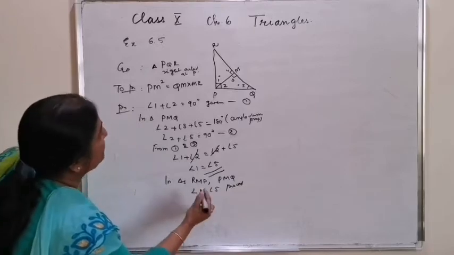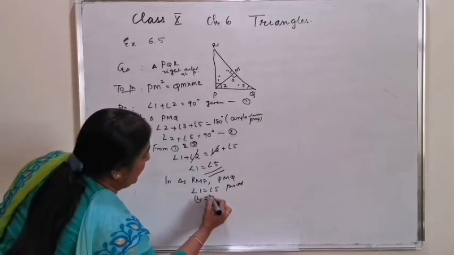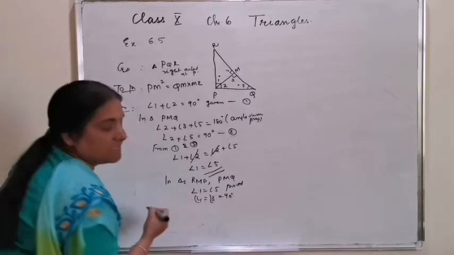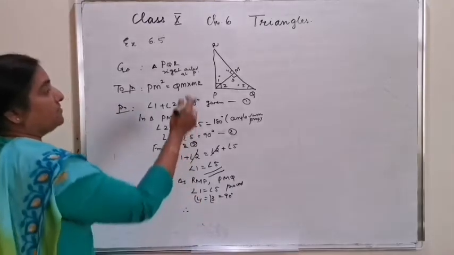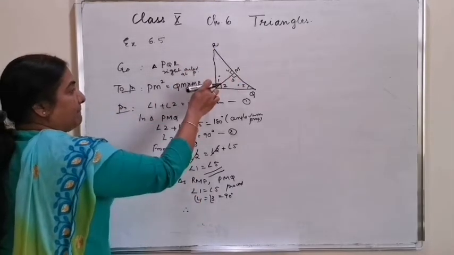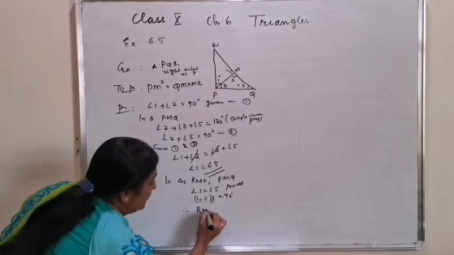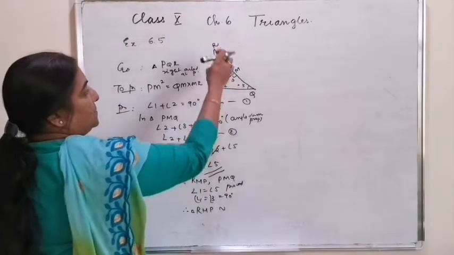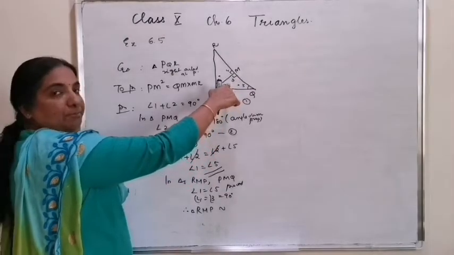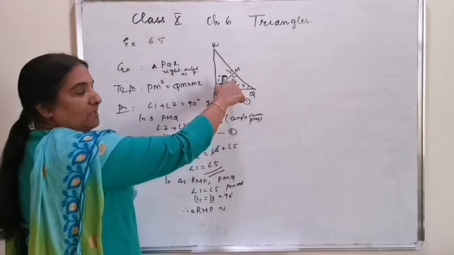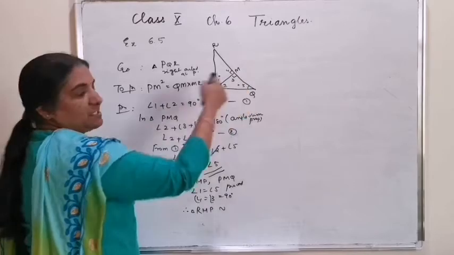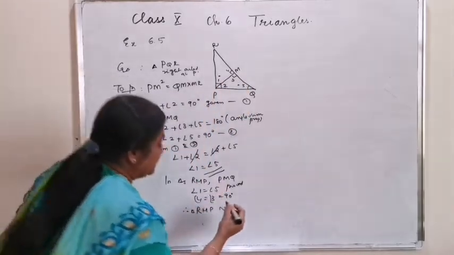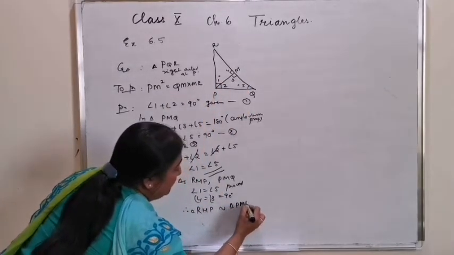Angle 4 equal to angle 3 equal to 90 degrees. Therefore, triangle RMP is similar to, R should correspond to the letter P, M should correspond with M, and P should correspond with Q. That is triangle PMQ, by AA similarity.